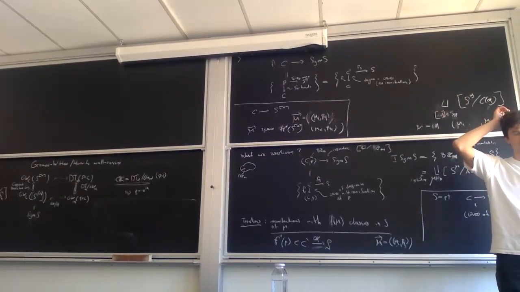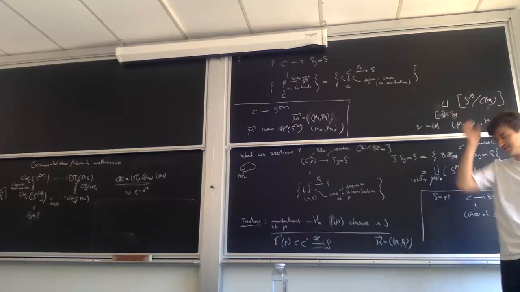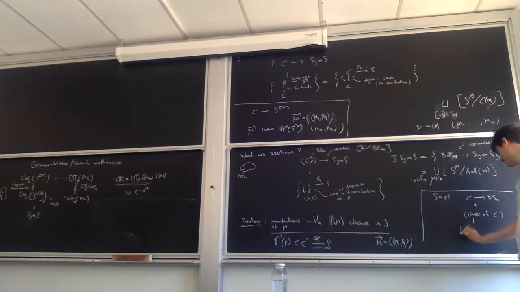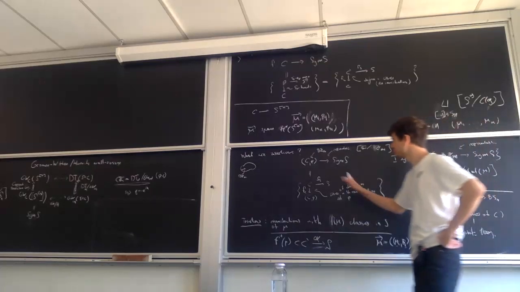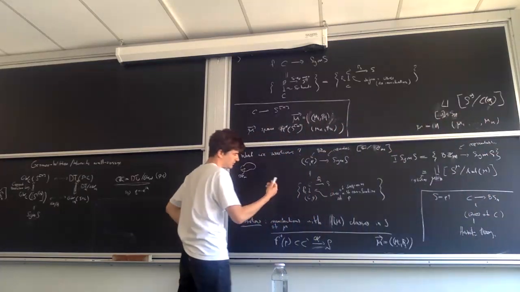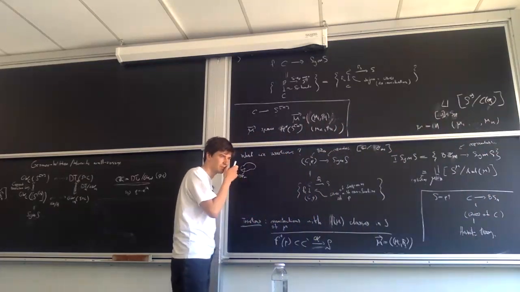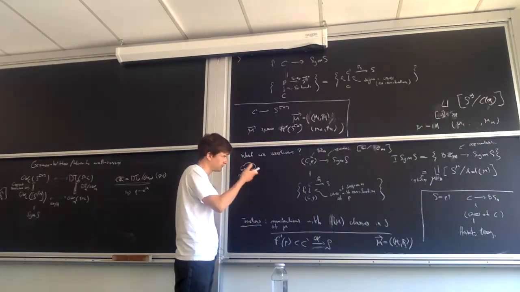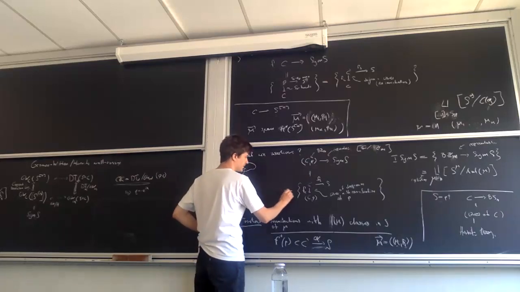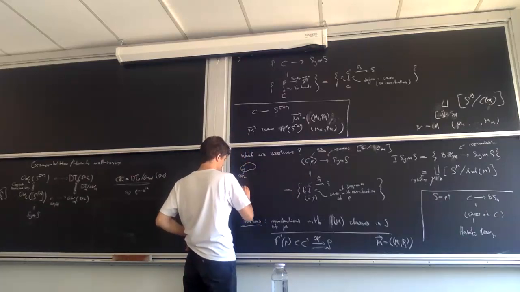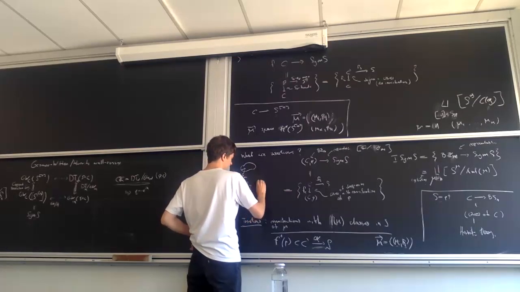Hurwitz theory is just covers of curves. So when you consider the symmetric product of some high dimensional variety, you can view it as essentially Hurwitz theory with a target.